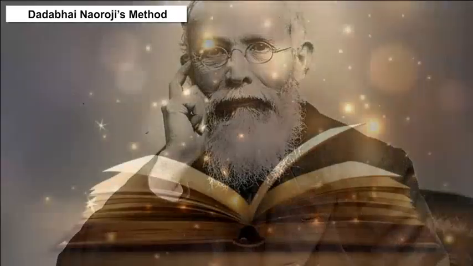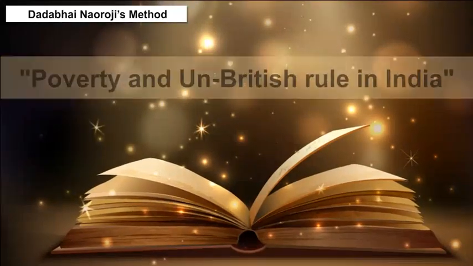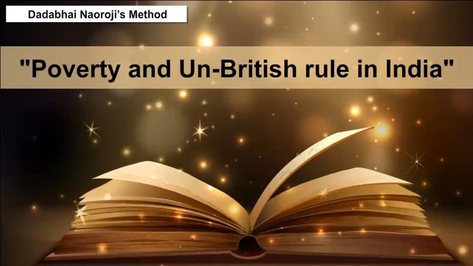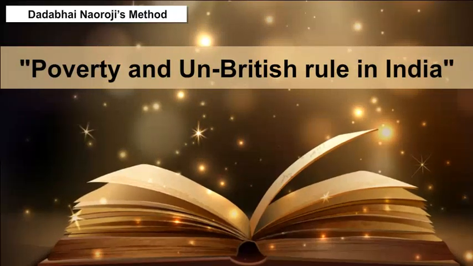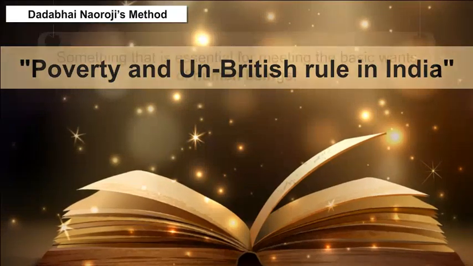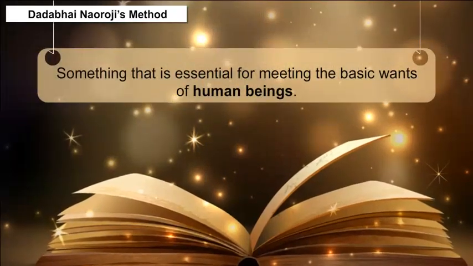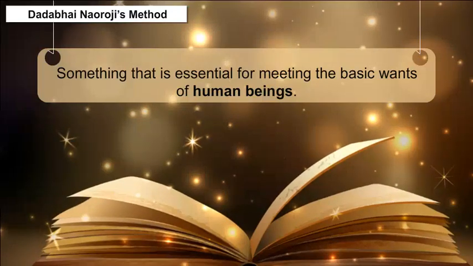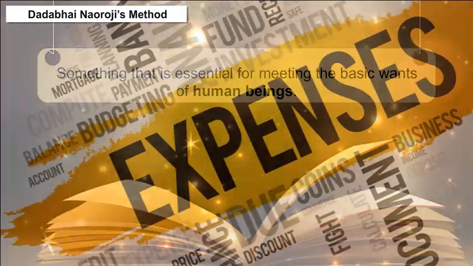Dadabhai Naoroji's method. In his eye-opening book, Poverty and Un-British Rule in India, Dadabhai Naoroji referred to subsistence as something that is essential for meeting the basic wants of human beings.